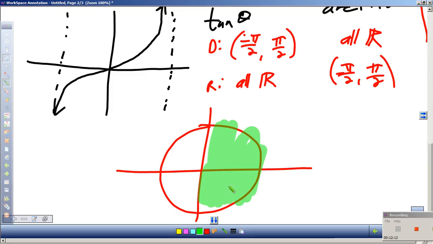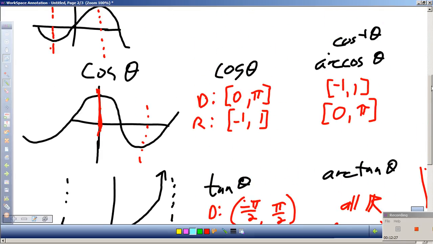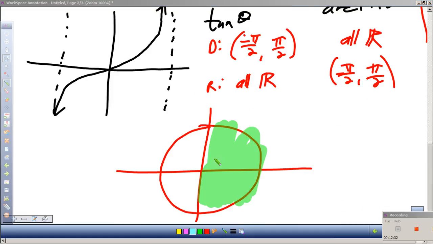If I do the arc sine of any number, it will give me an answer between -pi/2 and pi/2. If I did arc cosine, I have to go between 0 and pi, so I'm always going to get answers in this part. And where's tangent? Again, it's the same as sine: tangent and sine both give the same range.